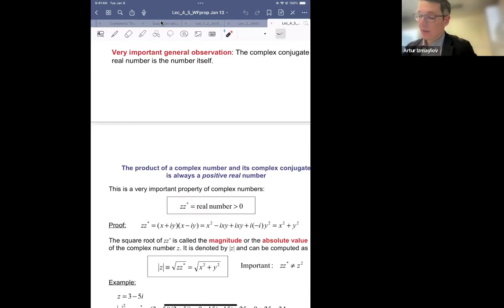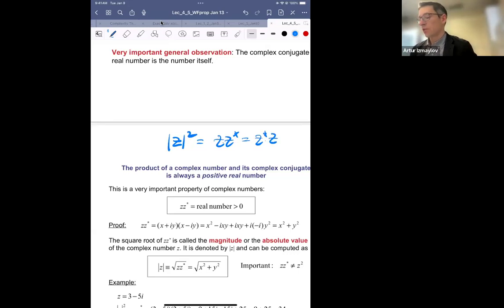That operation is also called the absolute square. There is another symbol for this, z with absolute value signs squared, and this is z star z, or z z star; they commute in multiplication, so these are the same.